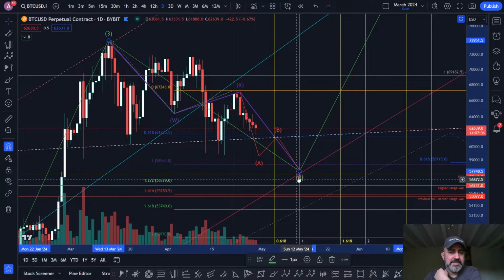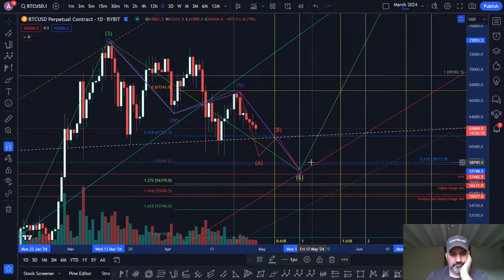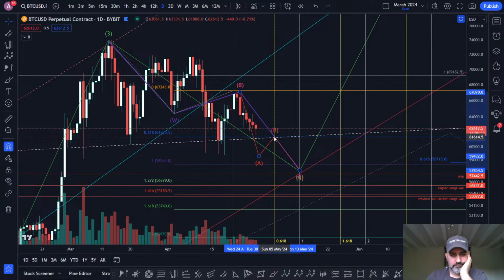Beginning of the week, come down, and then bam, that's the end, and that would be the correction complete. This obviously doesn't have to go all the way down. It could just do that as well.